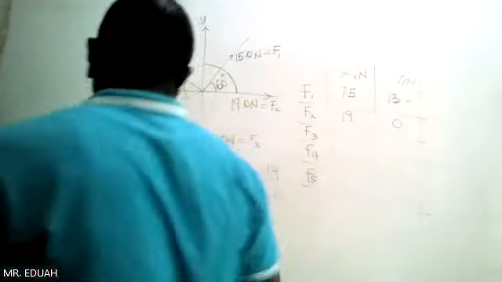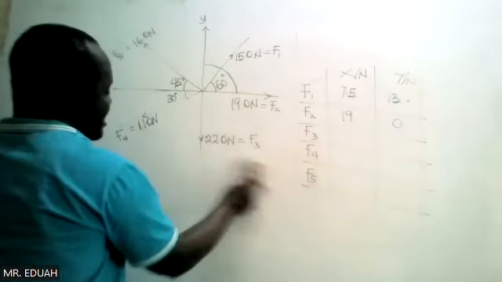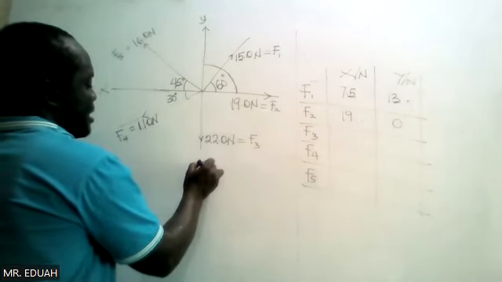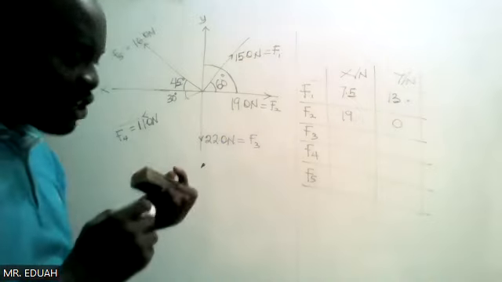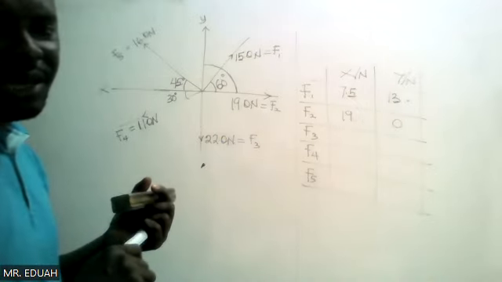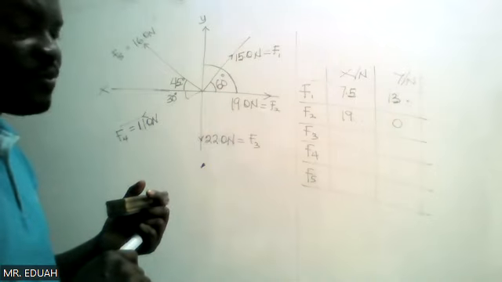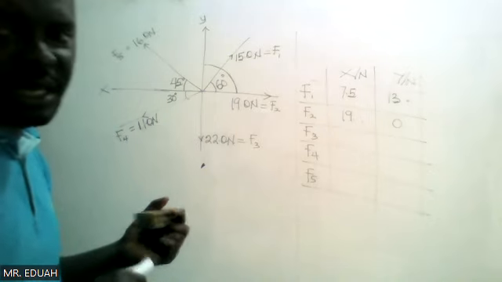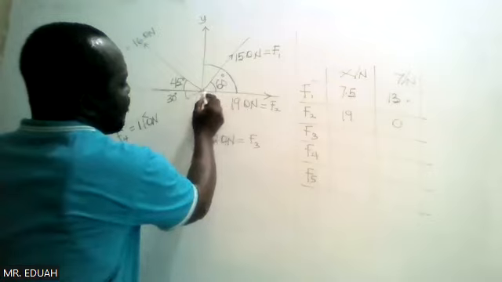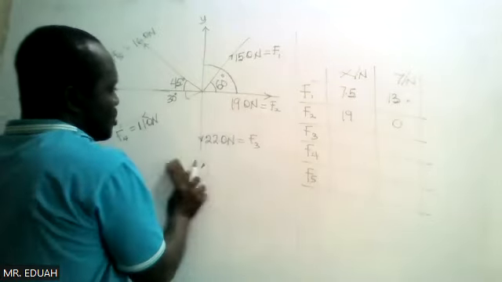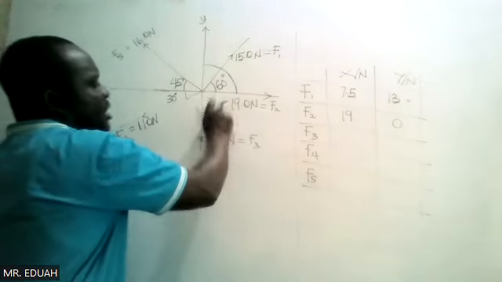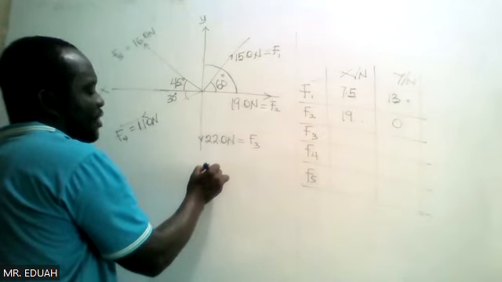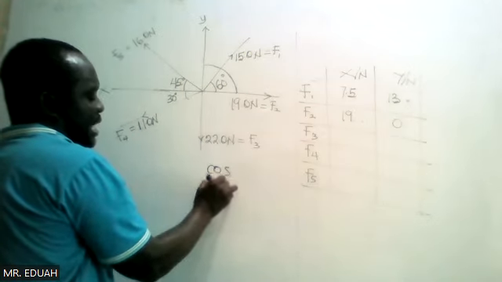Another way out is to look at the angle it makes with the x-axis. What's the angle that the force makes with the x-axis? It's 0. The force lies on the x-axis. So if you are considering the angle it makes with the x-axis, then the order of the components will be cos, sine.